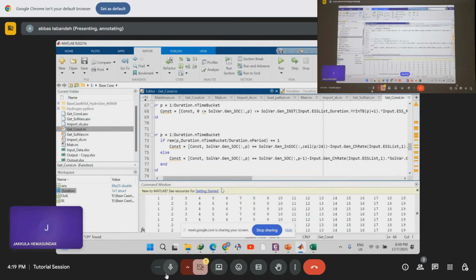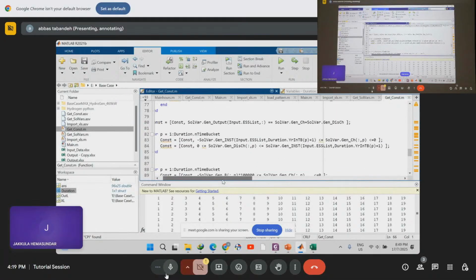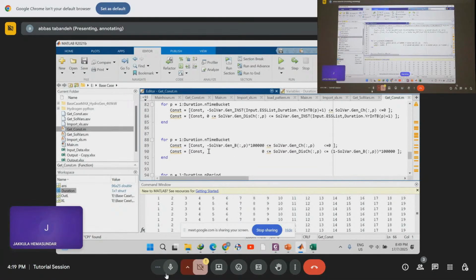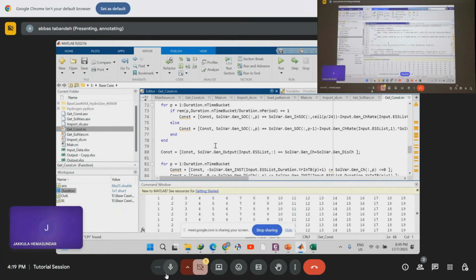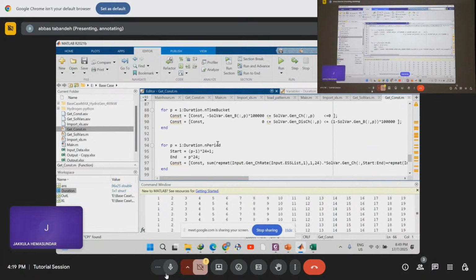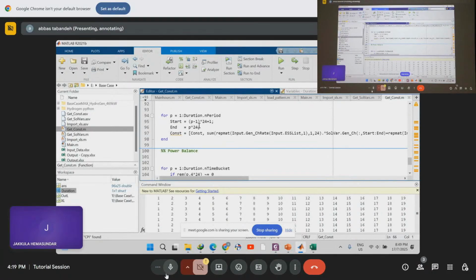So next step, after modeling the energy storage system, this one is for the last hour, the initial hour, after we can calculate them.